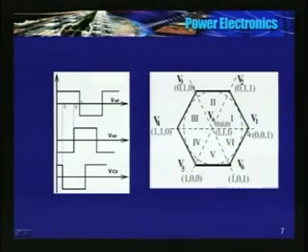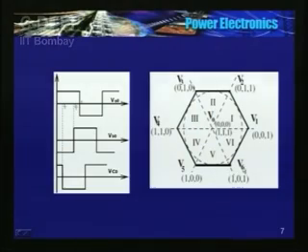So what conclusion can I draw? Out of 8 possible vectors, 2 are null vectors which are at the origin. For the remaining 6, the angle between any 2 vectors is 60 degrees, and all the 6 vectors occupy the vertices of a hexagon.